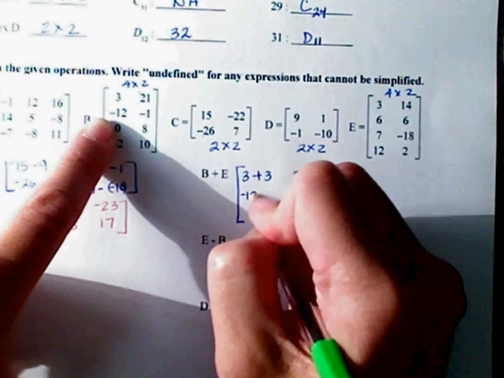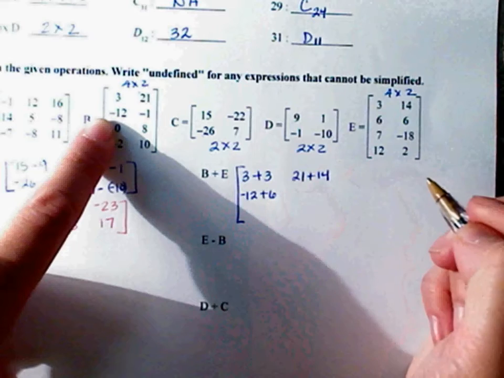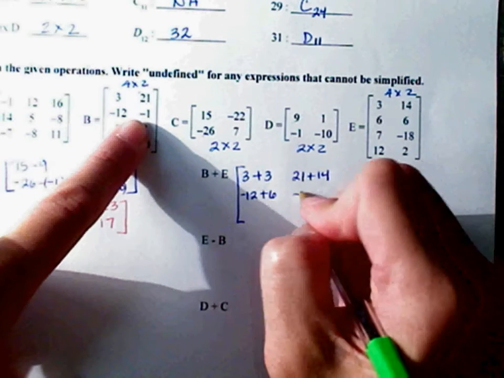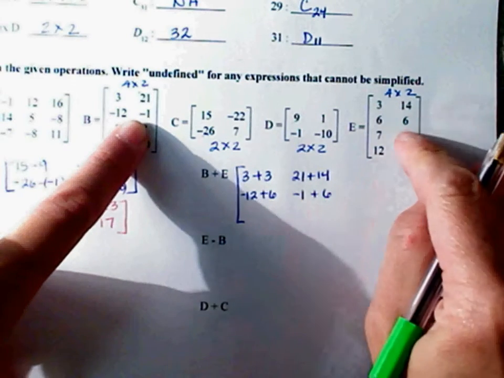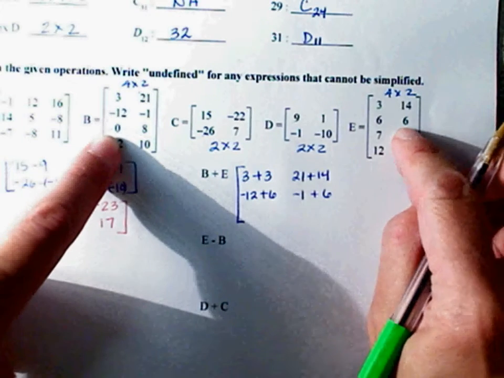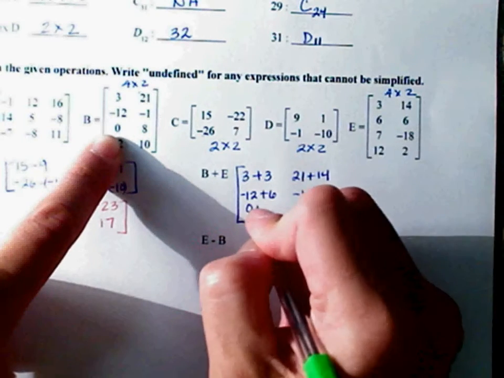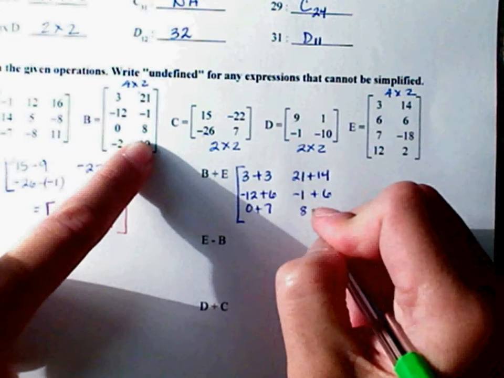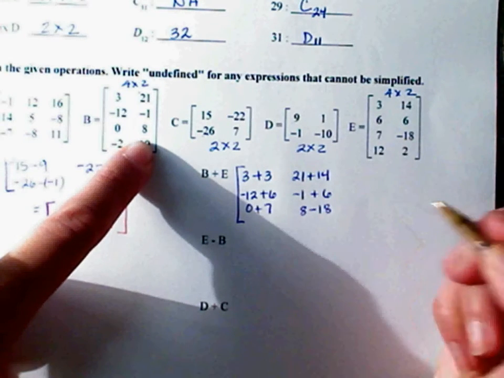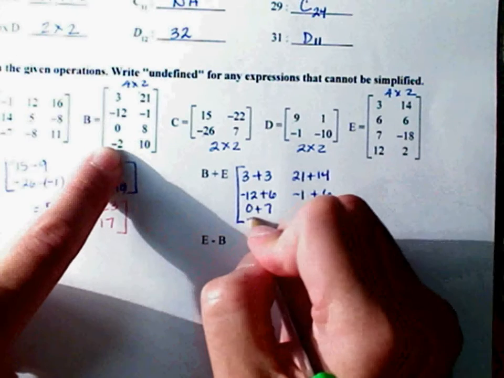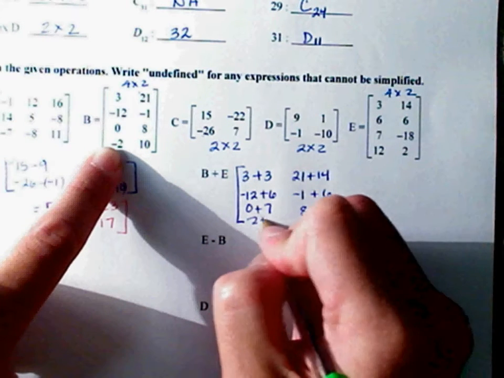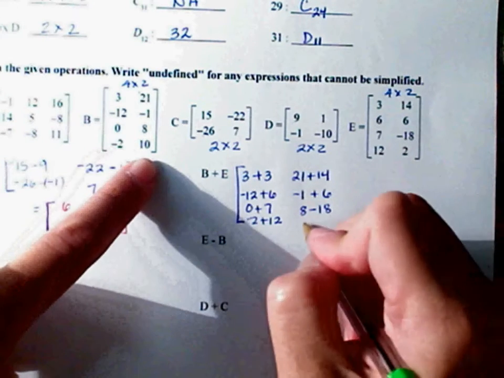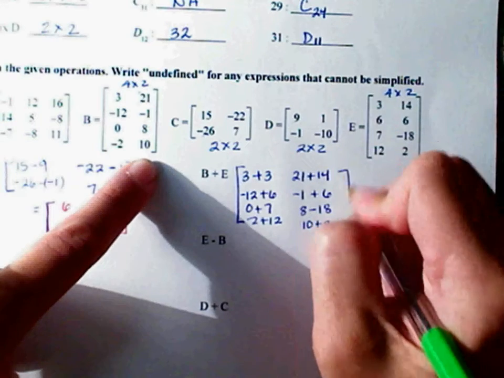Negative 12 plus 6, negative 1 plus the other 6, 0 plus 7, 8 plus negative 18, which is 8 minus 18, negative 2 plus 12, and 10 plus 2. And there you have your 4 by 2.